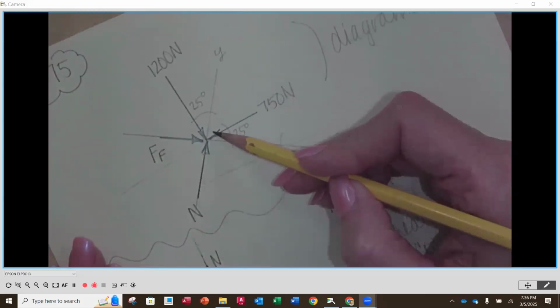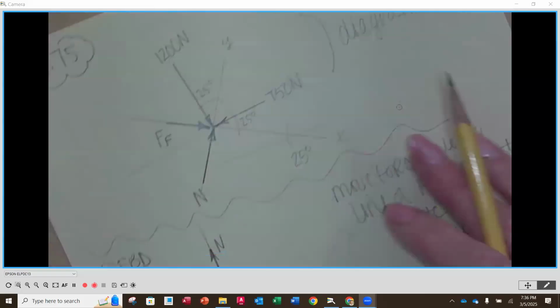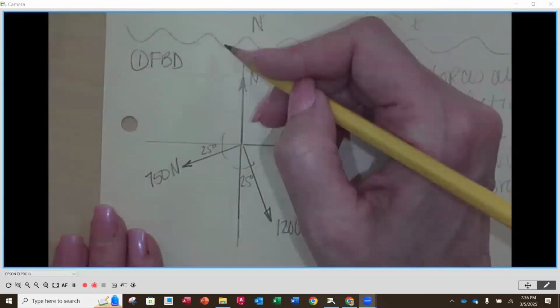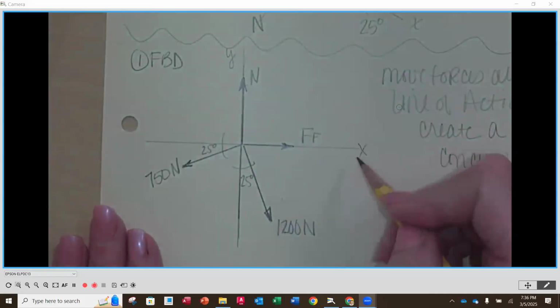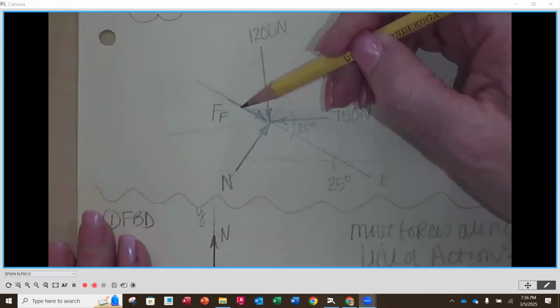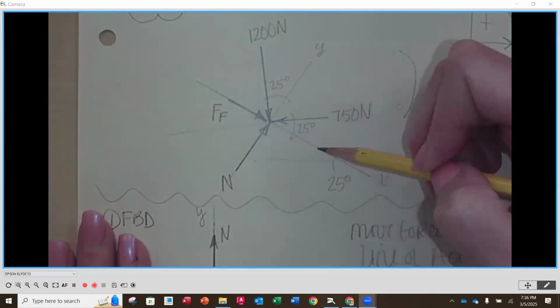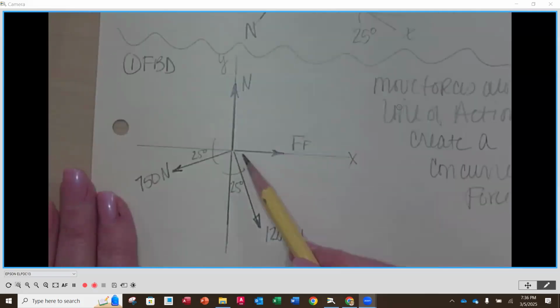I'm simply going to push it so that its tail starts at the origin and it pulls up on the y. So this is the y-axis, right? And the x. Then the friction force, I'm simply going to move it along it. So if this is the origin here, it's going to pull to the right along the x-axis.